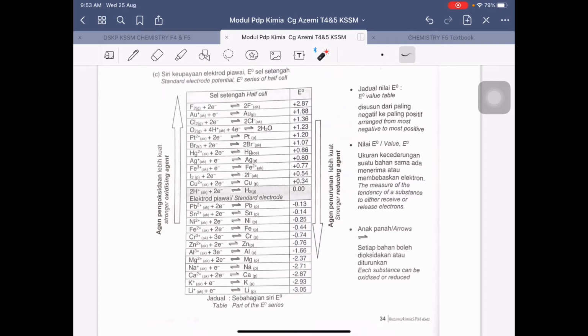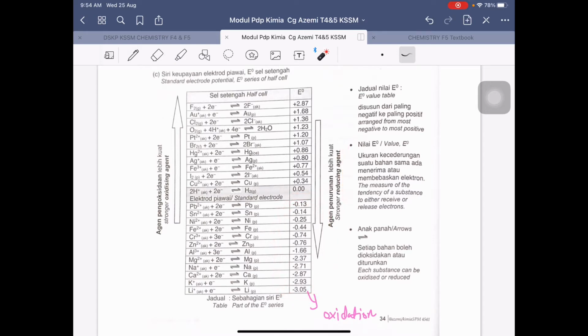Boleh dipakai juga. One thing that you really need to understand is if you see negative value, itu adalah oxidation, okay? Semua yang ada negative E0 value ni, all of them will undergo oxidation. So since they undergo oxidation process, they will be reducing agent.